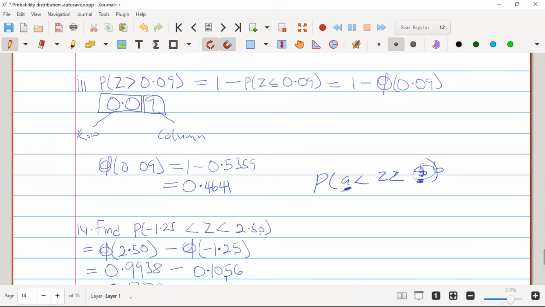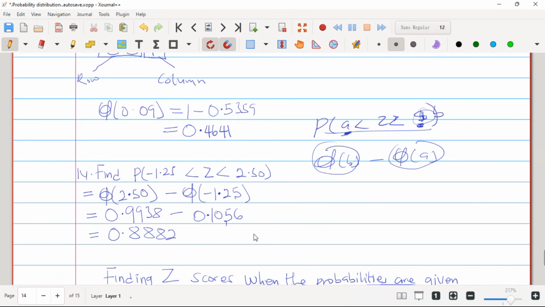Since b is greater, you get phi of b minus phi of a. So you calculate the probability for this one and then for this one, and once we are done, we subtract. You find phi for 2.50 and then subtract phi for negative 1.25. Since you have been able to appreciate how you can locate it from the graph, let's do it straight away.